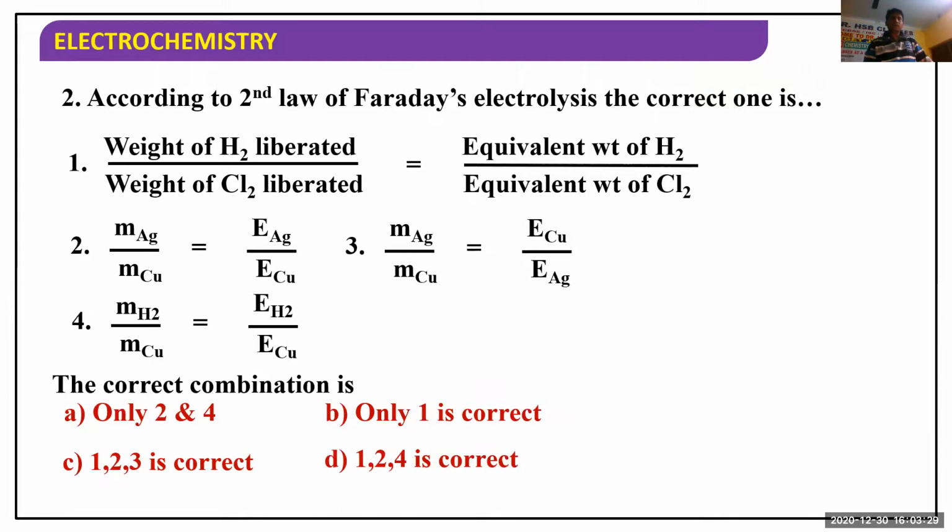So 1 is correct, 2 is correct because M1 by M2 equals E1 by E2, and 4 is also correct because mass of hydrogen divided by mass of copper equals equivalent weight of hydrogen divided by equivalent weight of copper. This is correct.